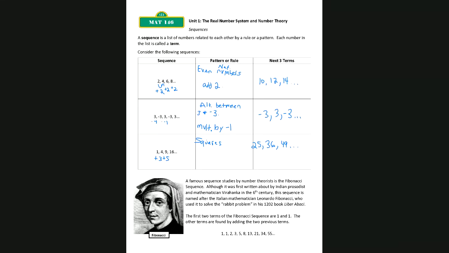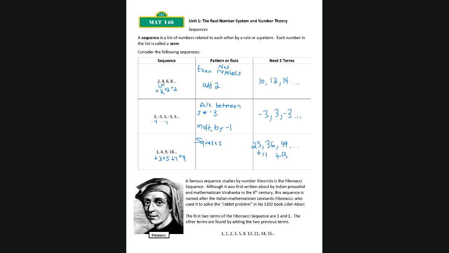Well, that's 7. 16 plus 9 is 25. 25 plus 11 is 36. And 36 plus 13 is 49.